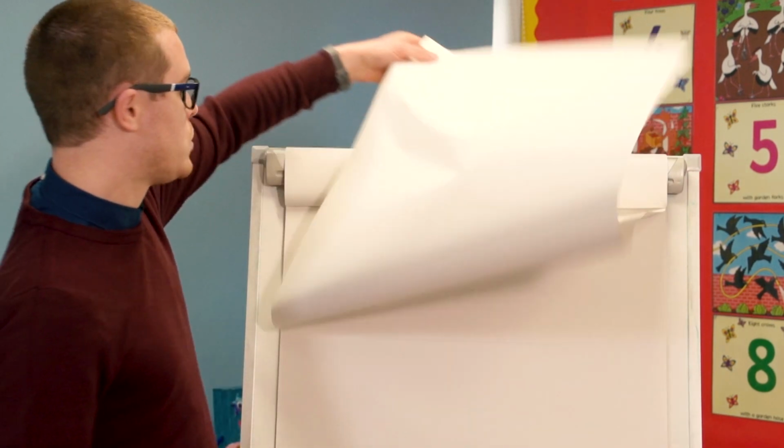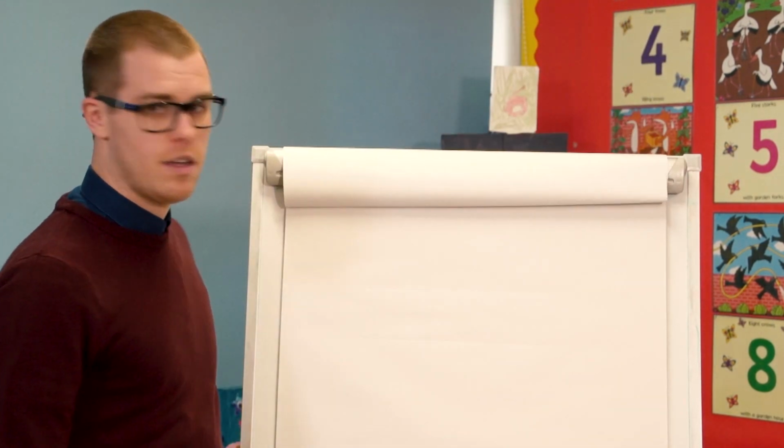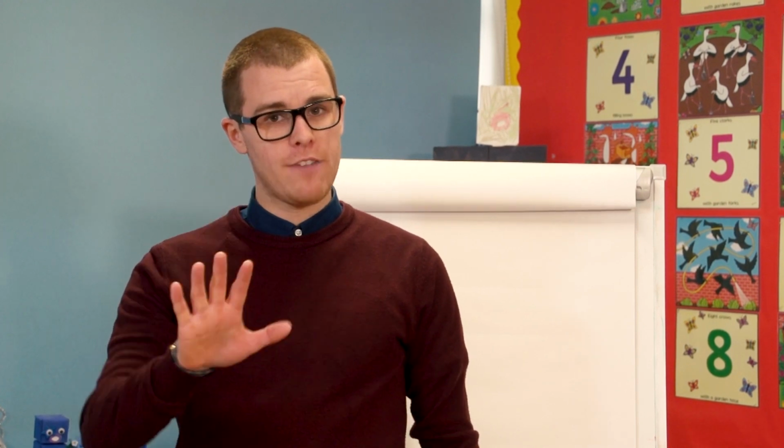Now, I'm going to hide the word. And I'd like you to have a go. Say the word. Say the sounds. Don't forget, it has 5 sounds. And today's grapheme, j, is in the middle.